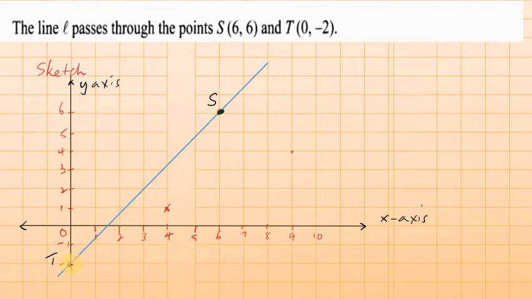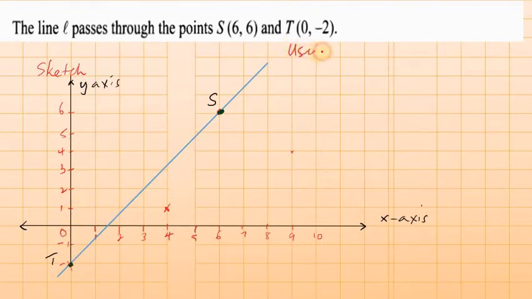As I move upwards here, 1, 2, 3 units, I could come across by 1, 2 units. So I am seeing this to be 3 over 2. My gradient could be given by 3 over 2 from this sketch.